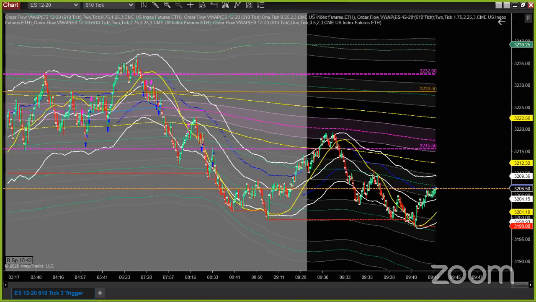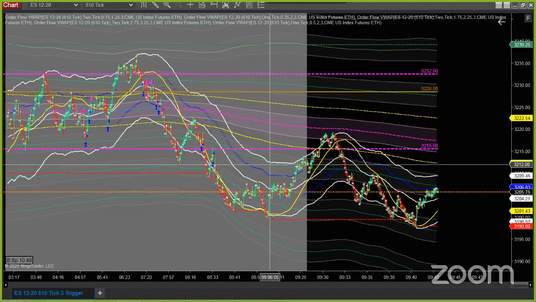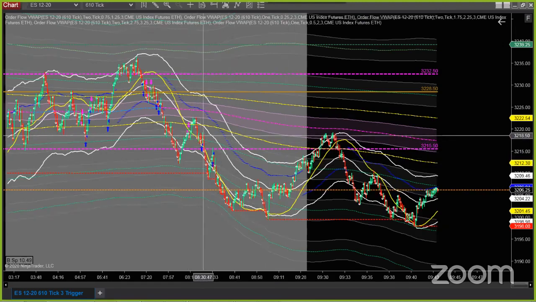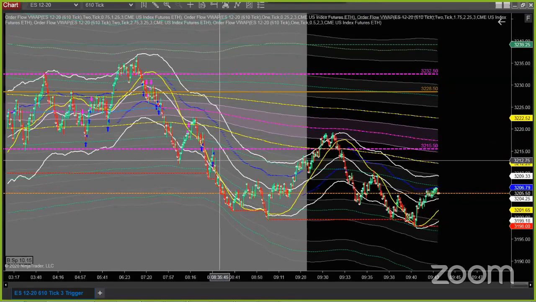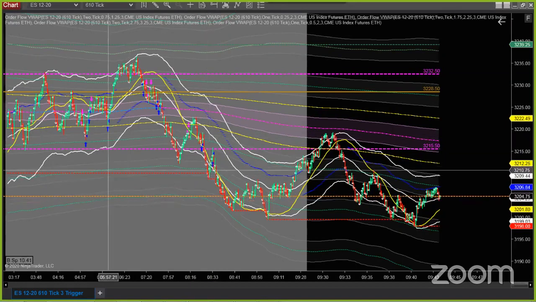In terms of economic news reports, there's only one that came out, and it was not really a high impact news. It was the unemployment claims that came out at 8:30. It really didn't move the market that much. It did some erratic movement to the downside.